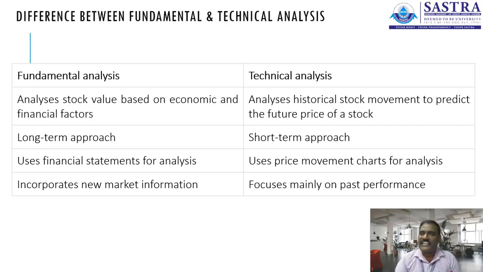In fundamental analysis, we analyze the stock value based on economic, industry related and financial factors. Macroeconomic factors, industry related factors, industrial strength and the financial position of a company are taken to arrive at the intrinsic value of securities. In technical analysis, we analyze the historical price movement of a stock to predict the future price of the stock.